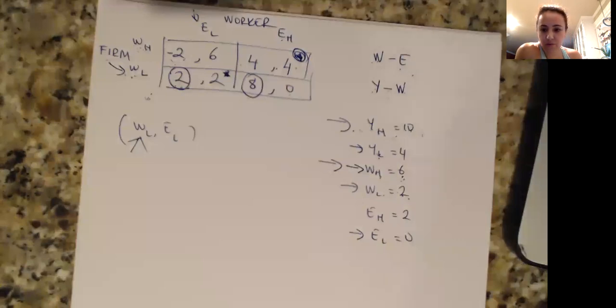So the first thing we will try is we are going to show that from the worker's point of view, the worker should cooperate by choosing high effort if he is faced with a grim trigger strategy.